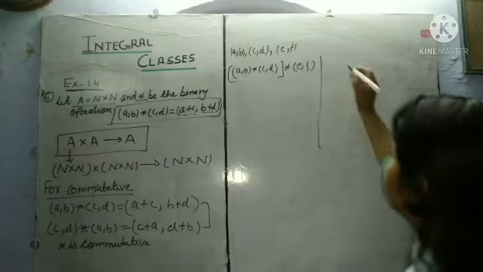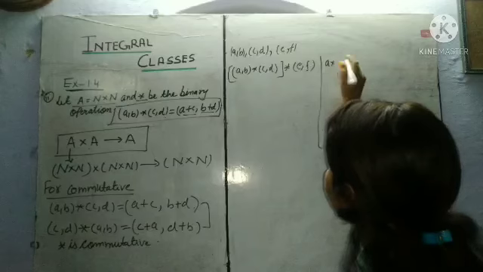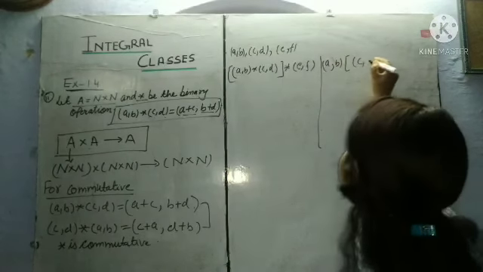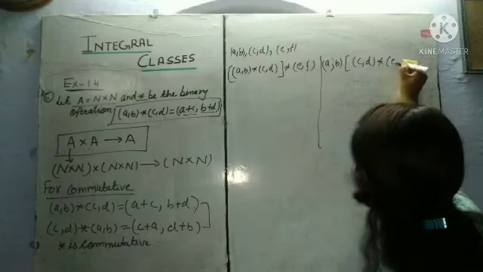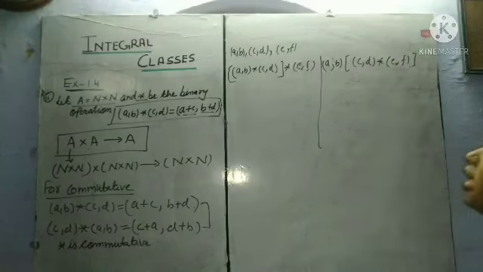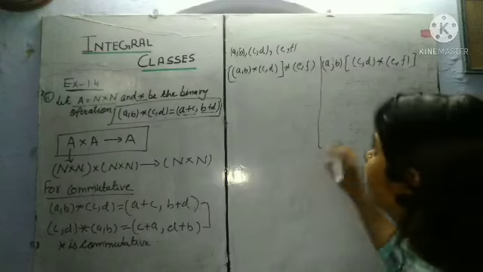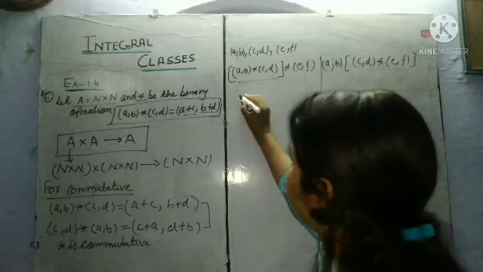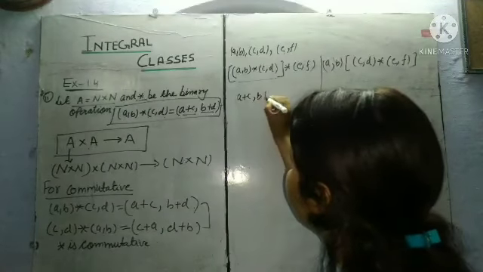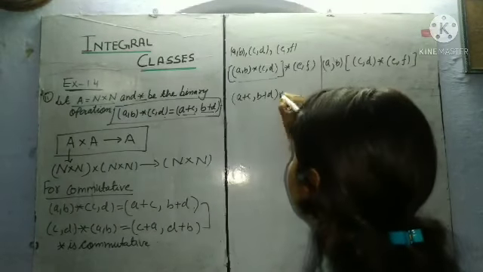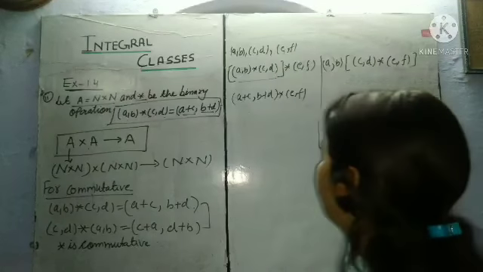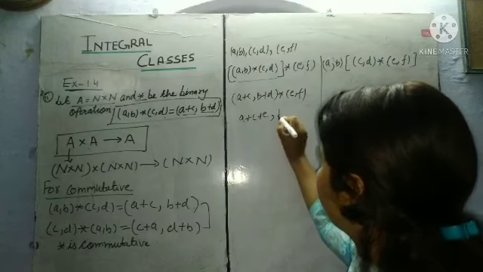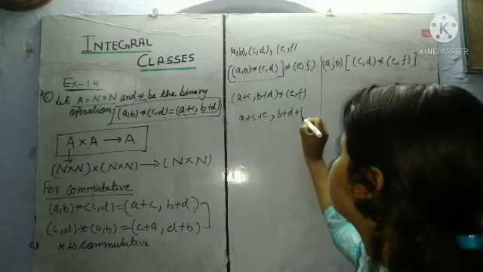We will solve both sides to prove that the left hand side equals the right hand side. First we apply the operation, then we get (A plus C, B plus D) star (E, F). Again we apply this, then (A plus C plus E, B plus D plus F).